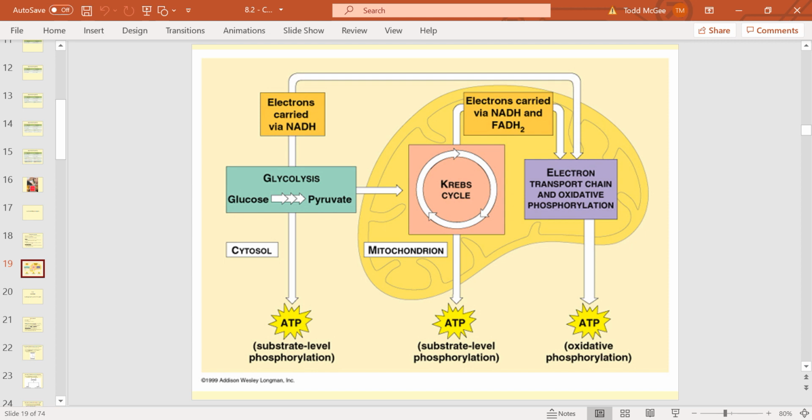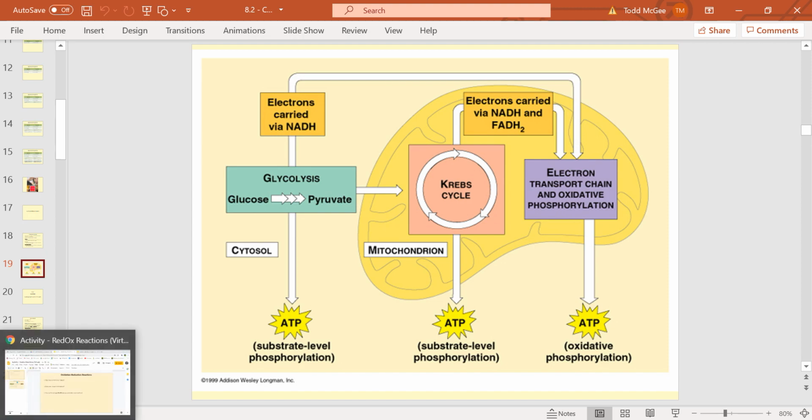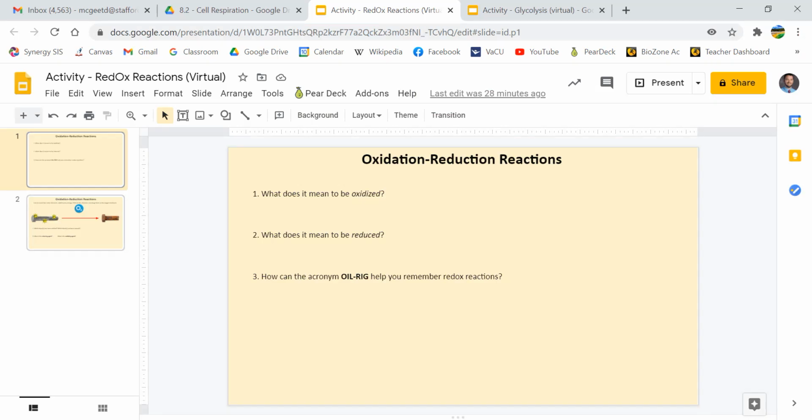So all of the energy is going up here and coming to the ETC. And that means the products of glycolysis are becoming oxidized. And as we go down the chain, glucose is going to become further and further oxidized. Okay? So in a nutshell, that is really what is happening through cell respiration.